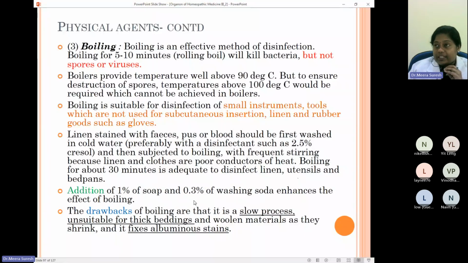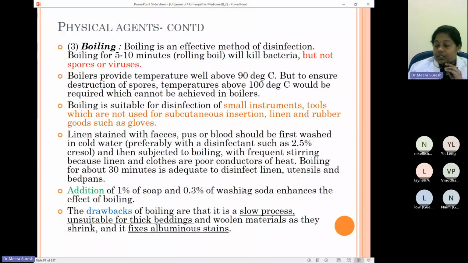But boiling also has some drawbacks. One, it is a slow process, unsuitable for thick beddings and also woolen material because they may shrink. And third, it fixes albuminous stains. That is why, when we said that linen with feces, pus, or blood should first be washed in cold water, it is because albuminous stains are proteinaceous.